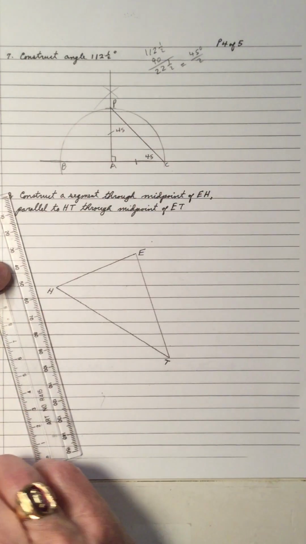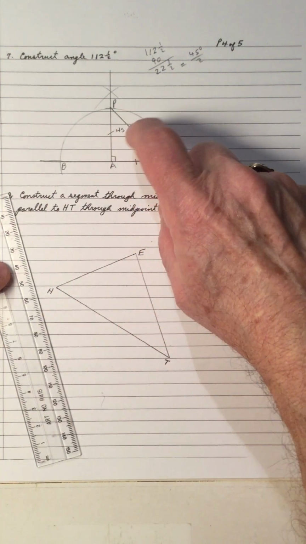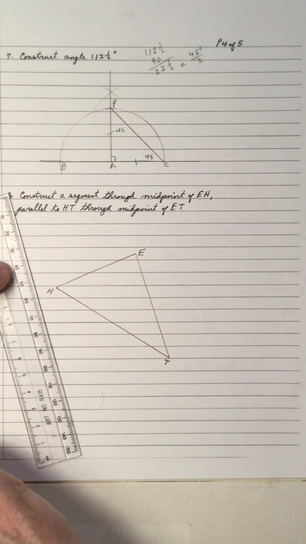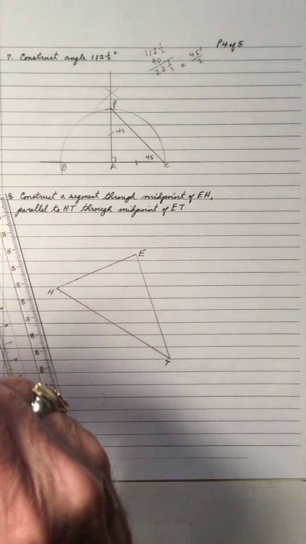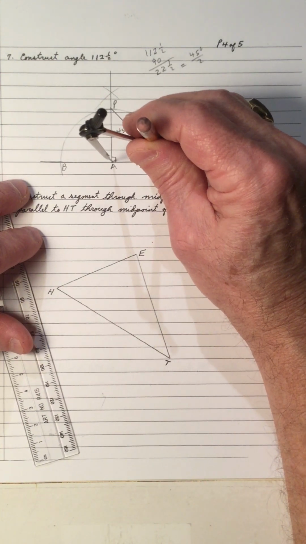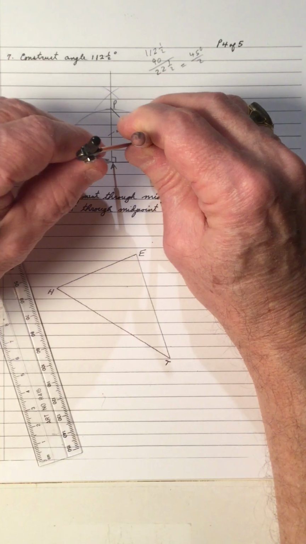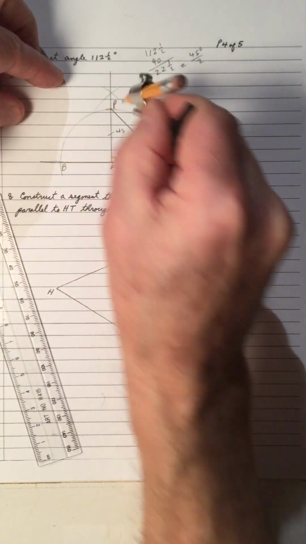But another way, I could bisect the 45 and put it here, but I have a right angle. I can also make it easier by drawing a perpendicular from A to PC. So this is the equal distance again.